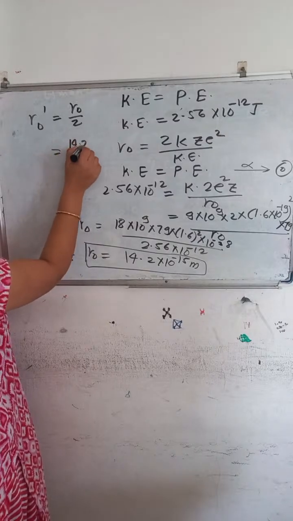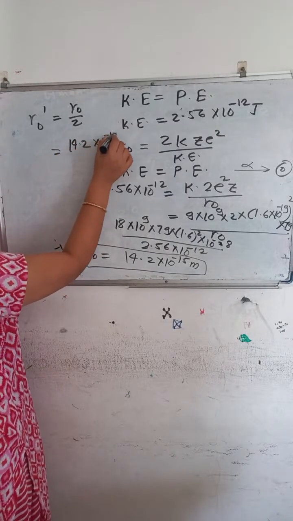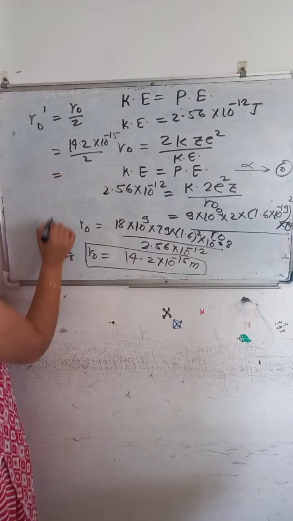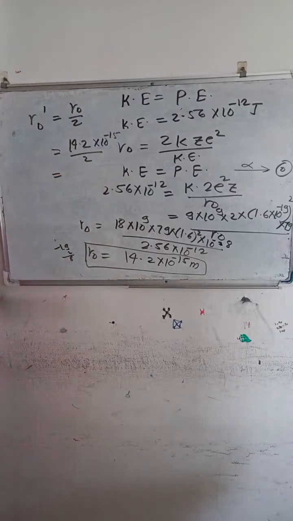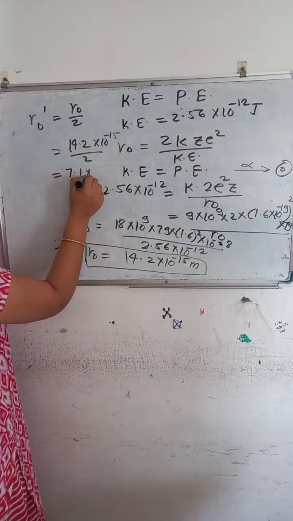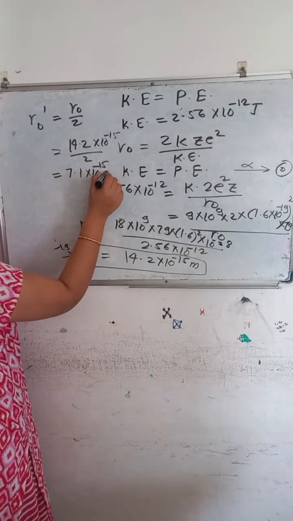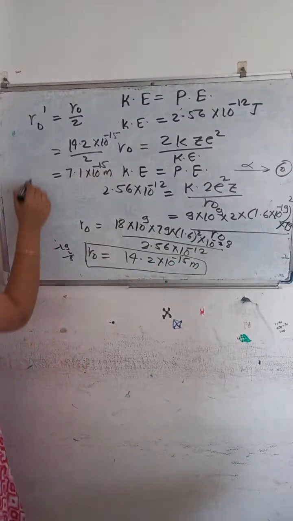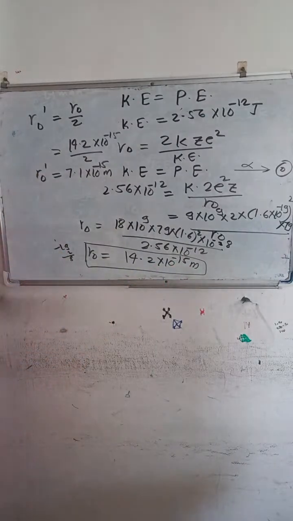So 14.2 into 10 raised to minus 15 divided by 2 is 7.1 into 10 raised to minus 15 meter. This is the answer if we repeat the same experiment with a proton.